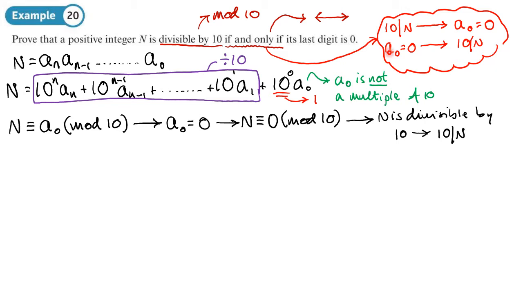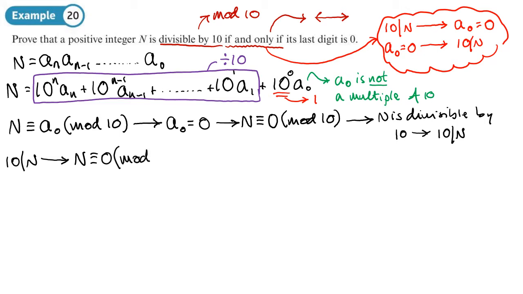Now, because of this if and only if, we've done this, we need to do the same the other way around. Okay, so start from here and work to here. We can sort of copy out our proof, but just the other way around really. So now we're starting with the assumption that 10 divides n. So if 10 divides n, that means that n is congruent to 0 under mod 10.